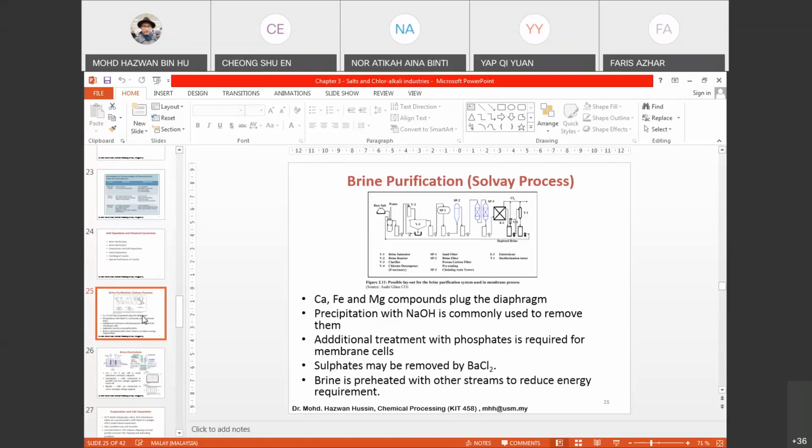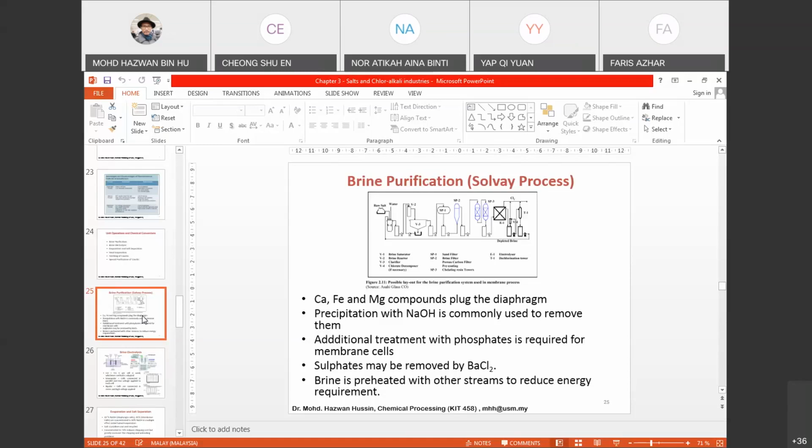Additional treatment with phosphate is required for the membrane cell. This is true because phosphates normally can block the membrane film especially. Sulfate can be removed by barium chloride, and brine is normally preheated with other streams to reduce energy requirement.